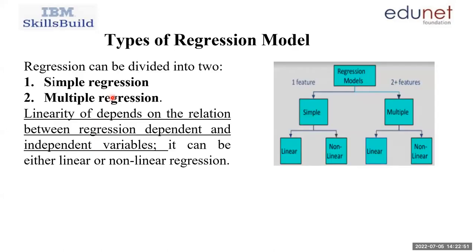The types of regression model. Linear regression can be divided into two types, simple regression and multiple regression. This is based on the number of features. I will explain with one scenario.